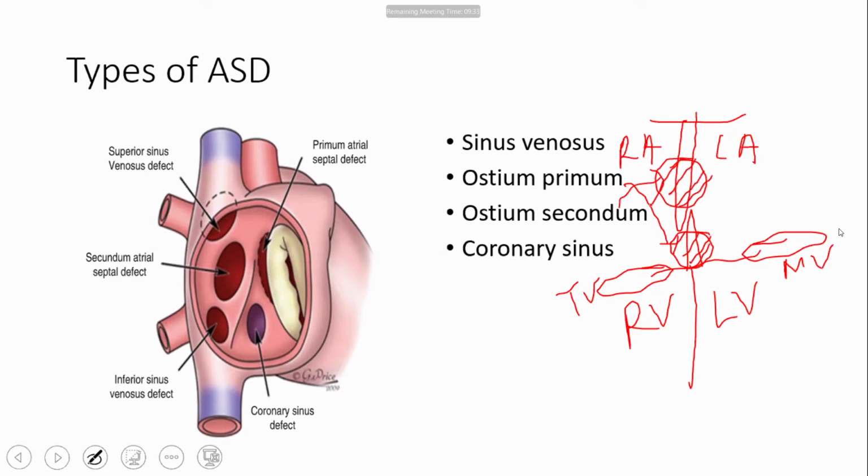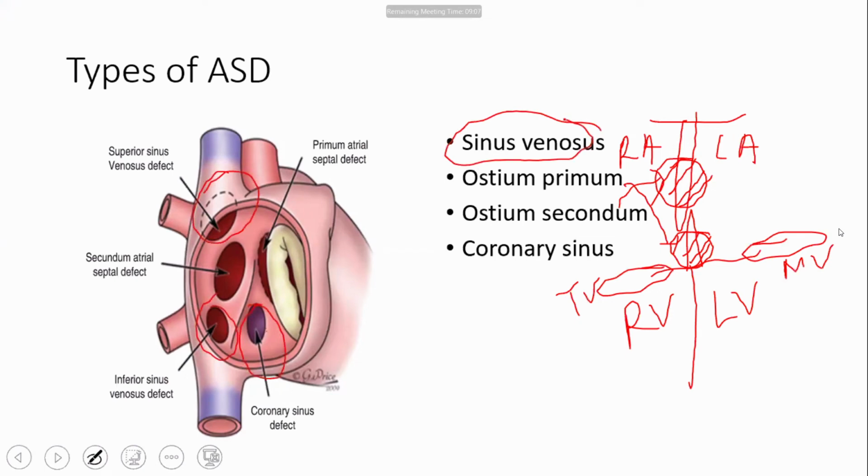If it is near the coronary sinus, it is known as coronary sinus defect. If it is near the opening of the superior vena cava or inferior vena cava, it is known as sinus venosus. So these are the different types of ASD.